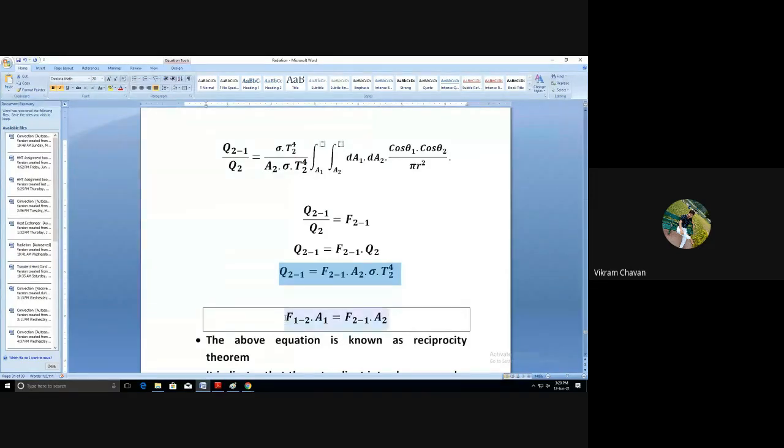So from these two equations, we can write the reciprocity theorem as F1 to 2 multiplied by A1 is equal to F2 to 1 multiplied by A2.